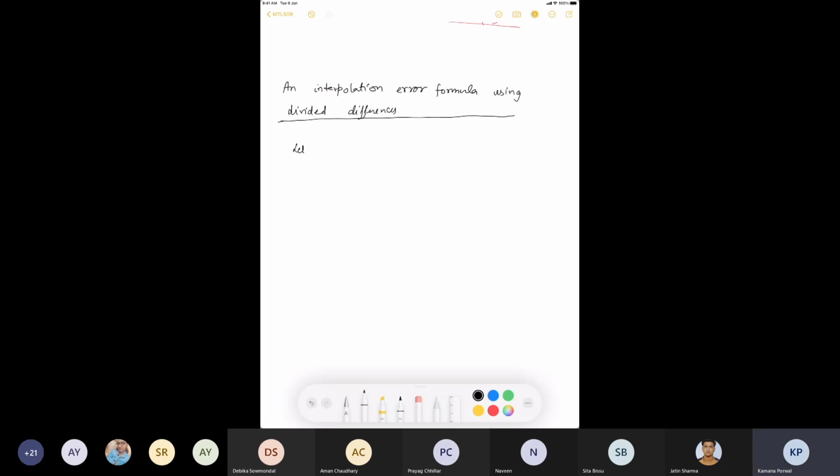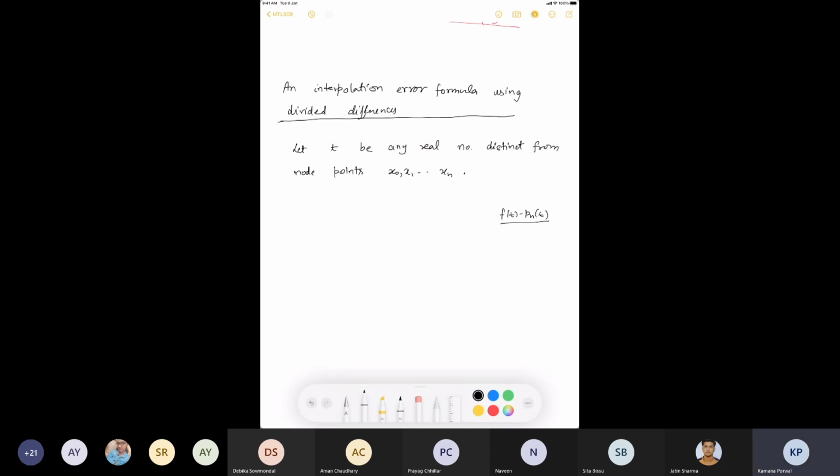Let t be any real number distinct from the node points x0, x1 up to xn. And what we are aiming for is to see what happens to f(t) minus pn(t), right? This is going to be the interpolation error at the point t.